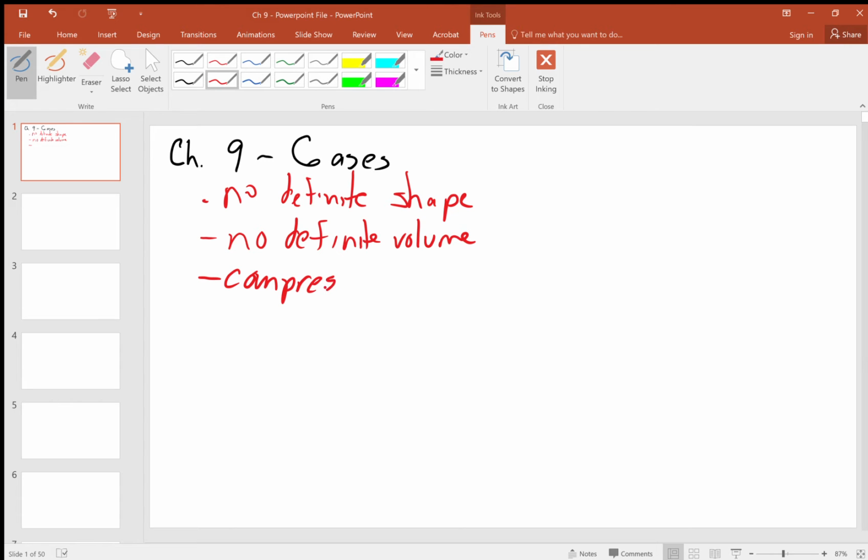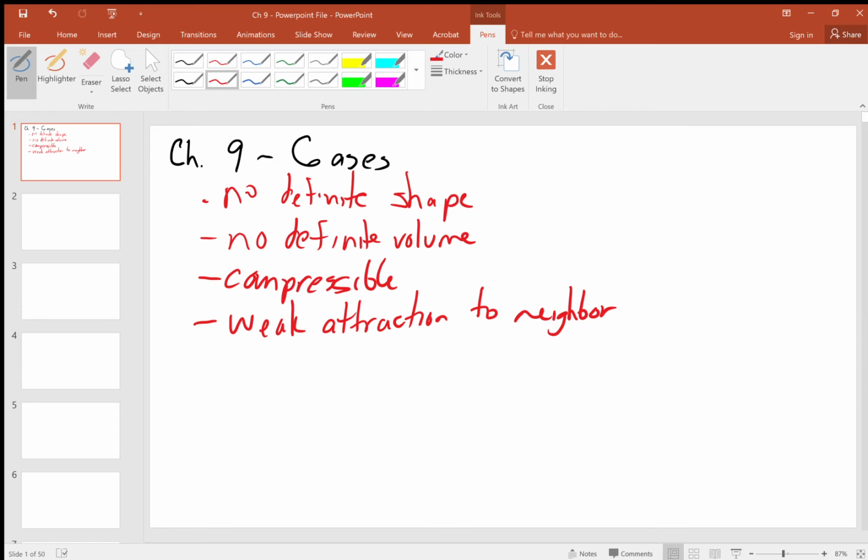Gases can be compressed. They have a very weak attraction to their neighbor. In other words, if you think about solids and liquids, and if you try to mix them, some combinations will mix very, very easily.